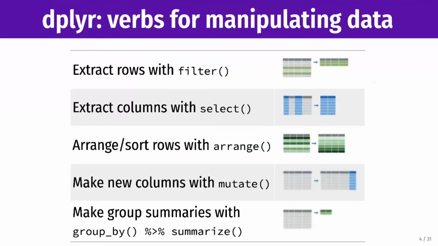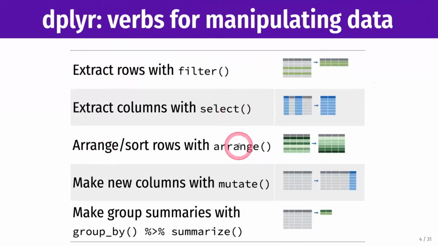The great thing about dplyr, which is the package we'll talk about right now, is that it is basically English, where you use these functions that are verbs. You can extract rows from a data set using filter. So you're just filtering the data. You can select specific columns using select.